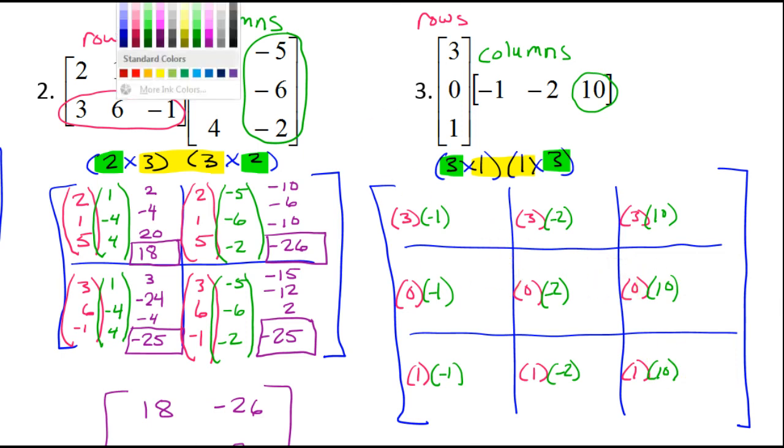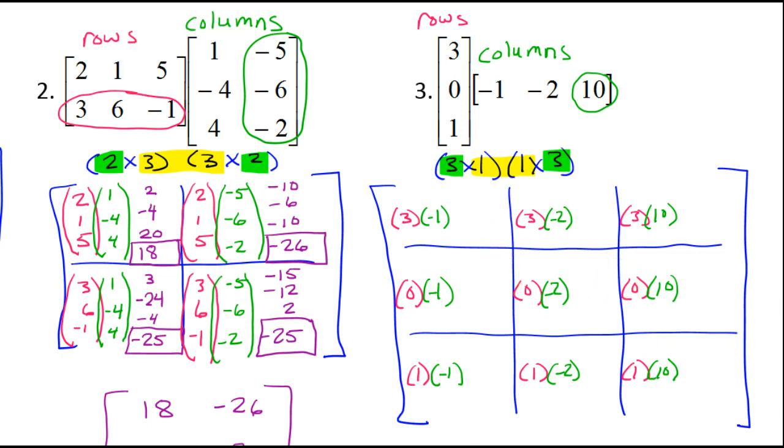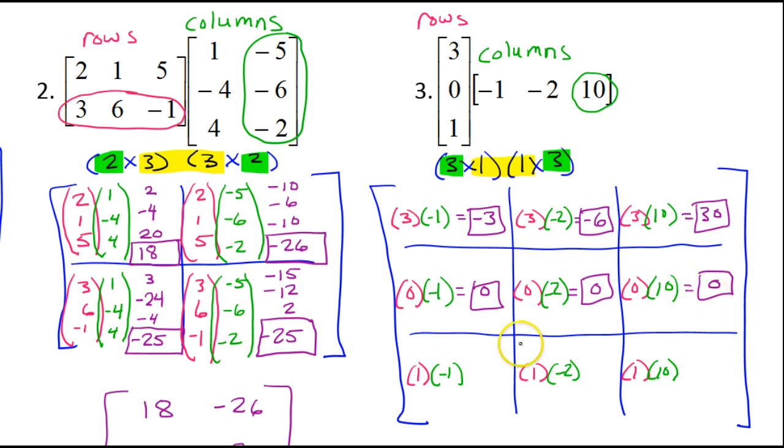Alright, so this is going to give me -3 and -6 and 30 and 0 and 0 and 0. A lot of zeros going on.